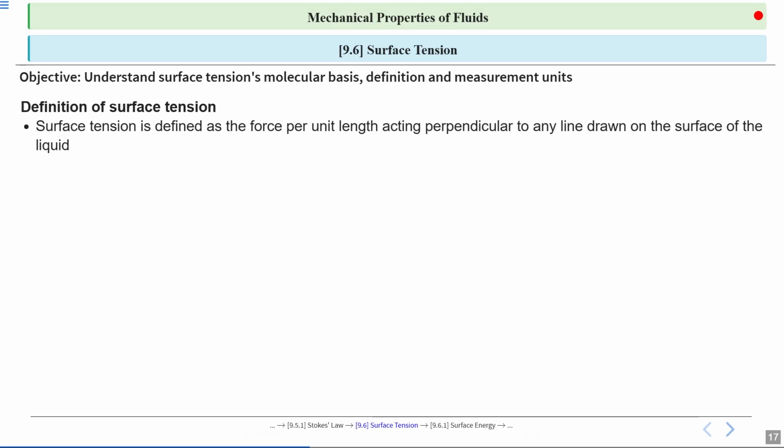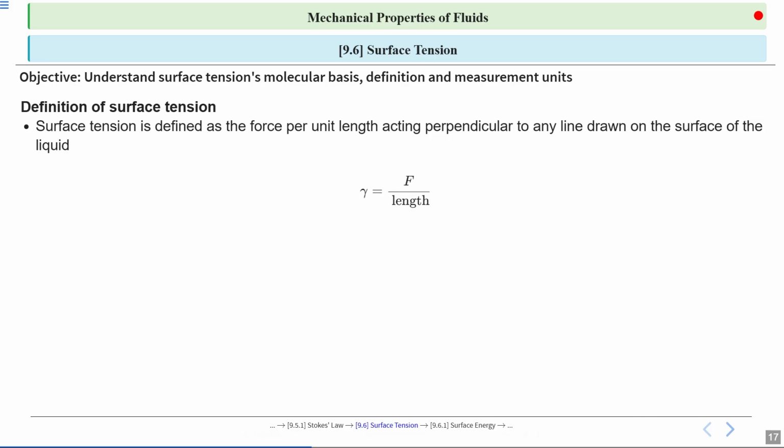Surface tension is defined as the force per unit length acting perpendicular to any line drawn on the surface of a liquid. In other words, if you imagine drawing a line on the surface, surface tension is the force that acts at right angles to that line, trying to minimize the area. This is why water beads up on a surface.